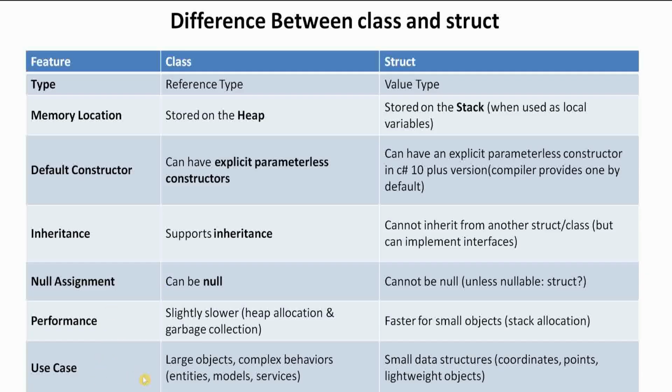If we have a bulk amount of data and complex logic, where we have models, services, entities, then we can approach the class. In structure, if we have small programs where we do not have much larger data compared to class, then we can approach structure, where we have coordinates, points, lightweight objects. So this is all about the difference between class and structure.